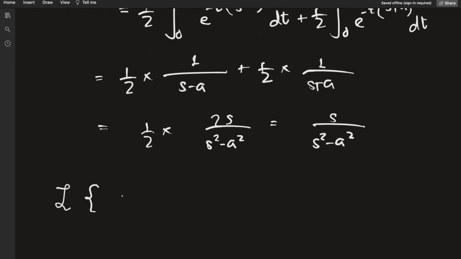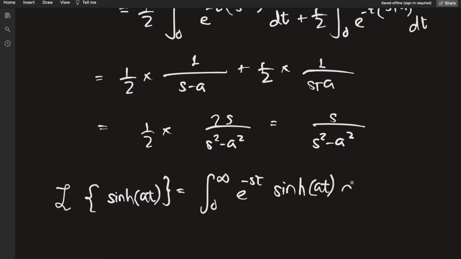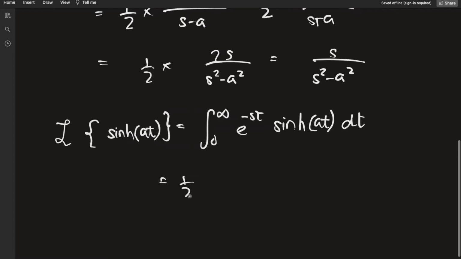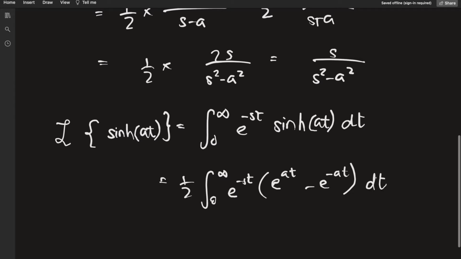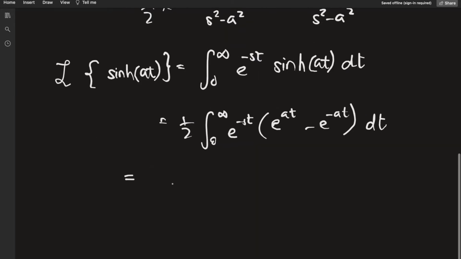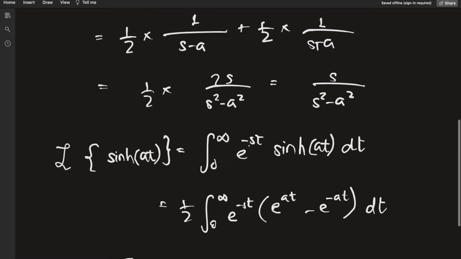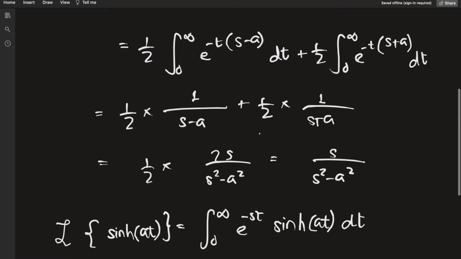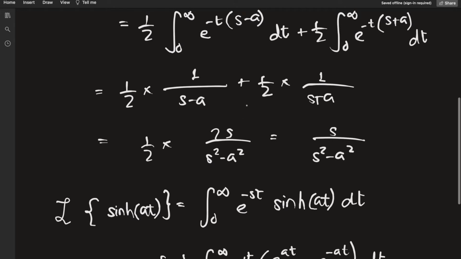Now for the Laplace transform of Sinh at, we again use the definition. Sinh is 1/2 e raised to at minus e raised to negative at dt, and by linearity we end up with similar antiderivatives after evaluation but with a negative sign.